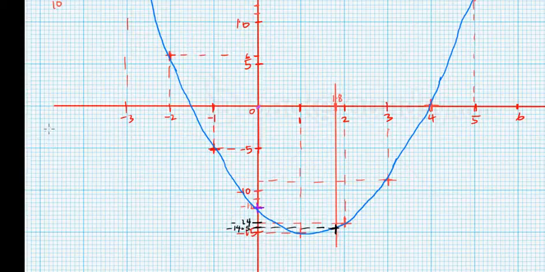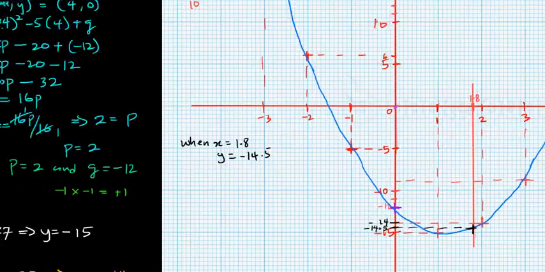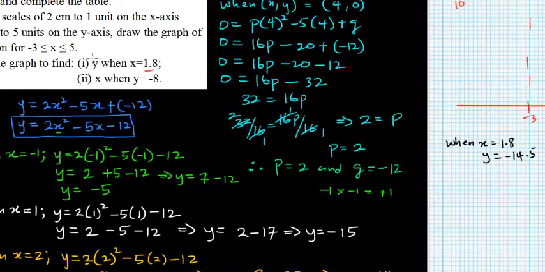So it means when x is equal to 1.8, y is equal to minus 14.5. That answers this part.